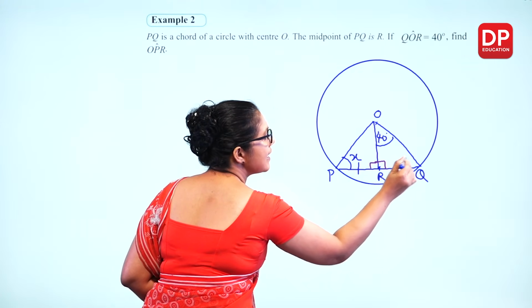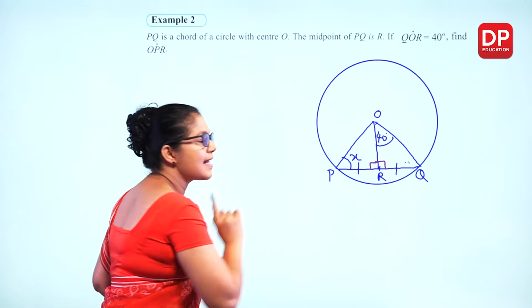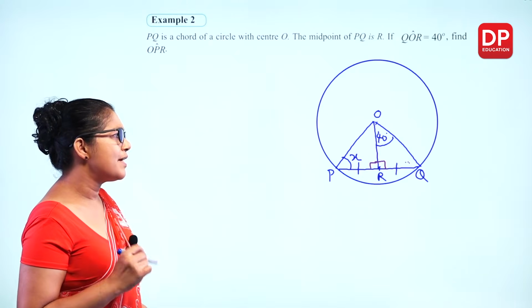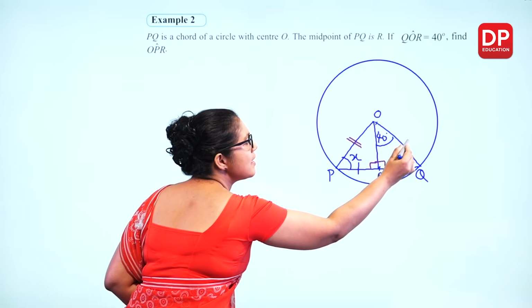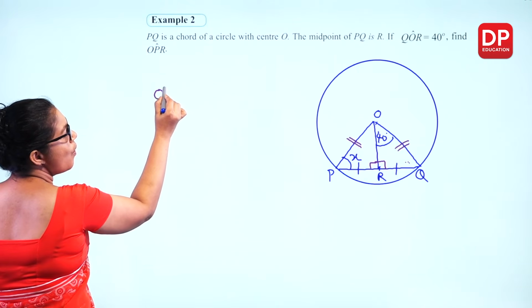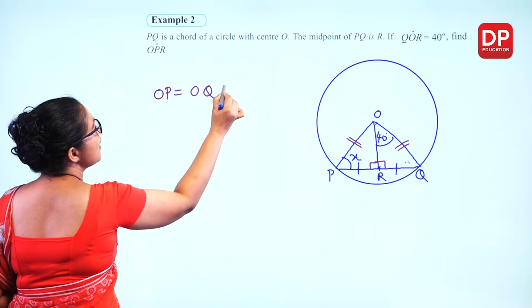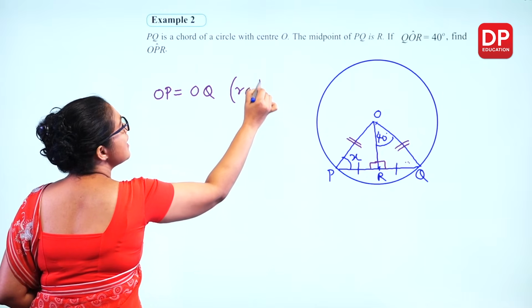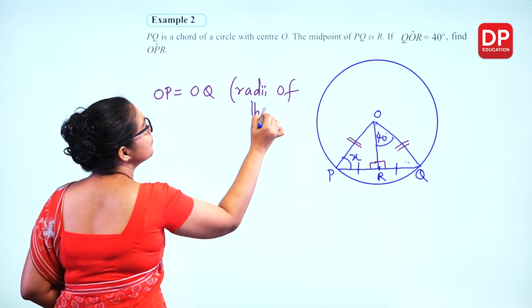This angle is the same as this angle. Why? What's the reason? We know this length is equal to this length. So we can write OP length should be equal to OQ. That's the radii of the same circle.